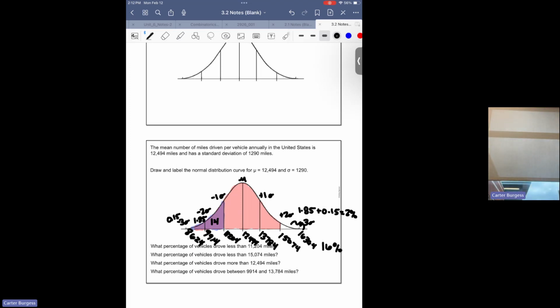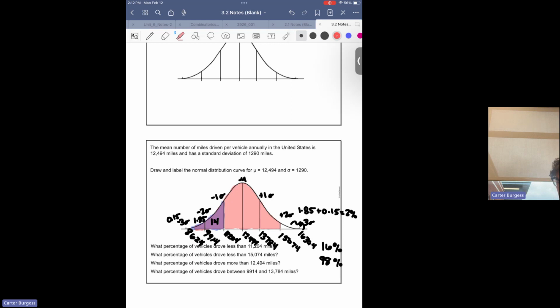And so we have everything except for this 2%, which means how much of our data does this cover? 98%. Okay.